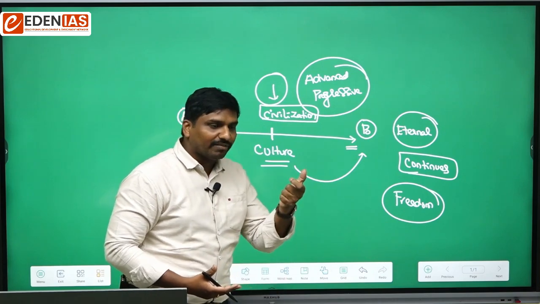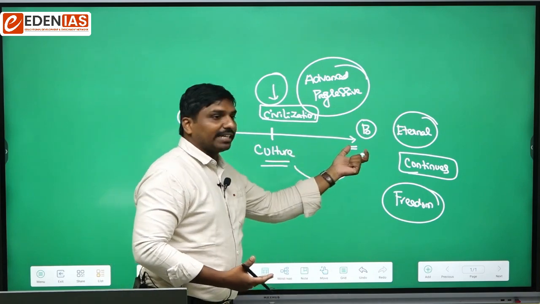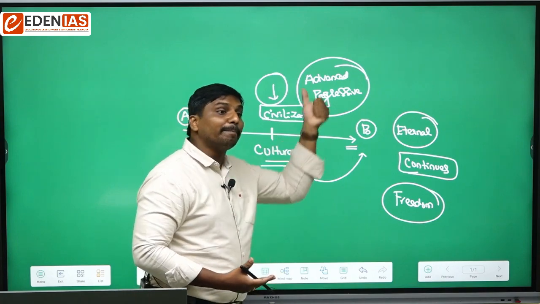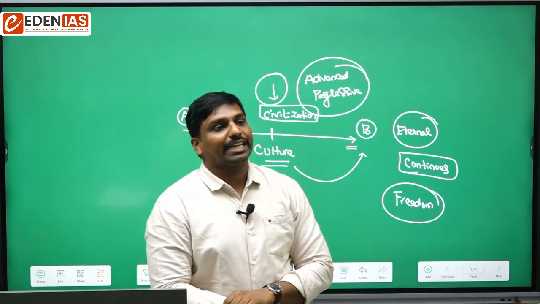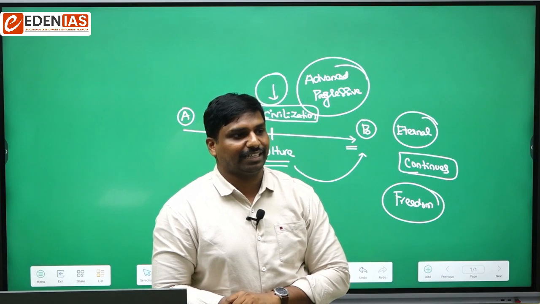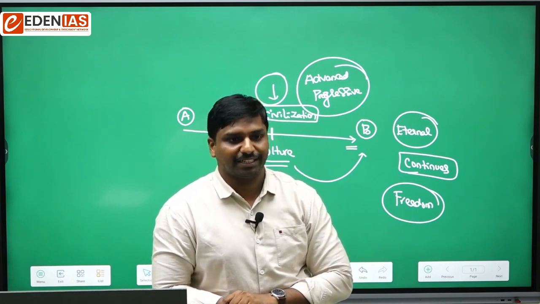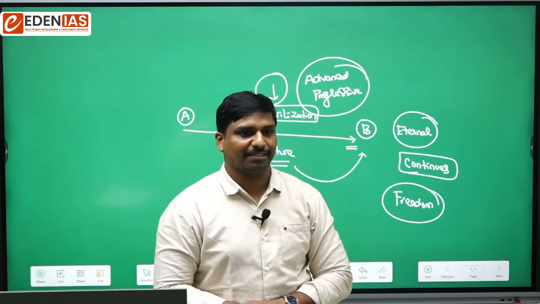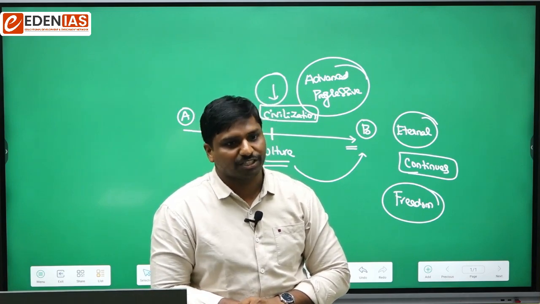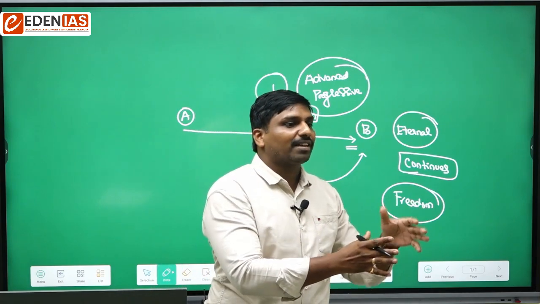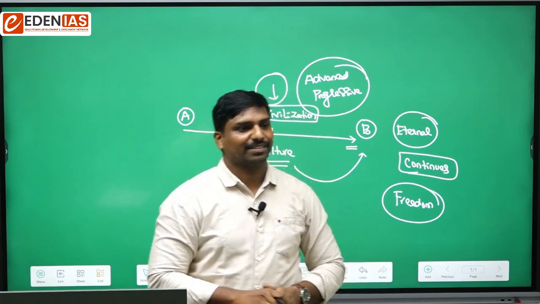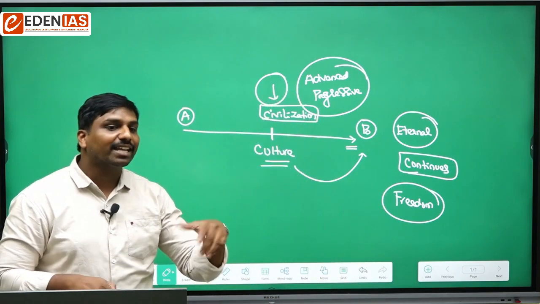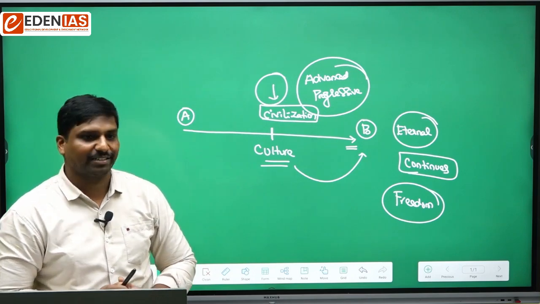Here we are saying that if we take culture as a journey, civilization would be one of the means to attain the end of culture. That's how you have to take it. It is a part and parcel of the journey of culture. That's all. In a simple manner, it would be a part and parcel of the journey of culture. One stage in culture, that's it. Means one stage.